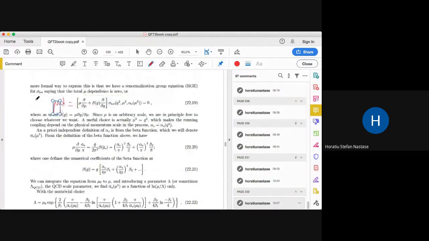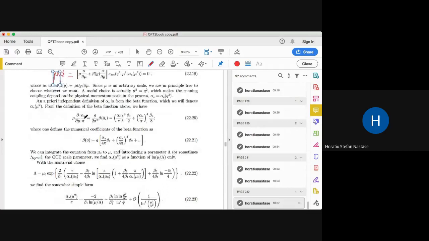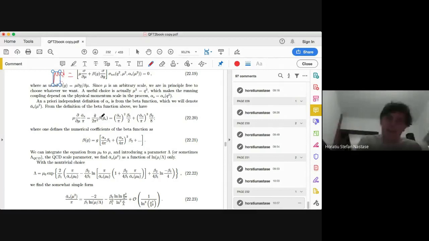And then mu d d mu of alpha strong tilde over pi is 2g tilde beta, which is mu d d mu of g, over 4 pi squared. So now what's g tilde over 2 pi squared beta of g tilde strong.